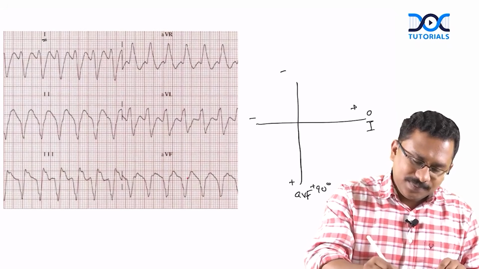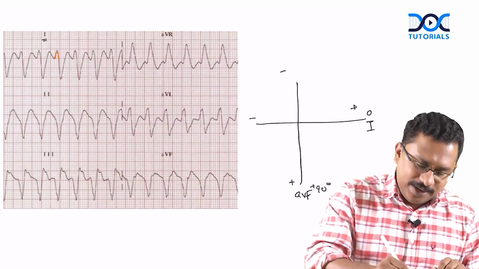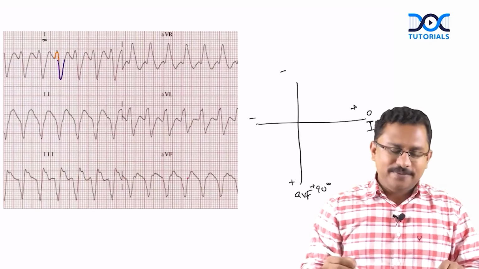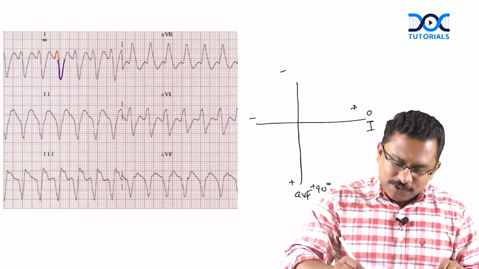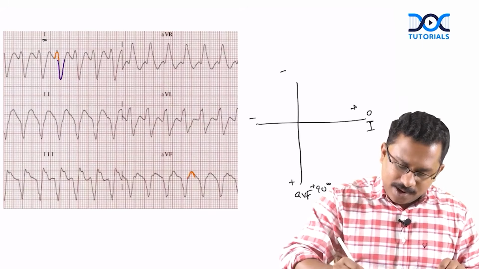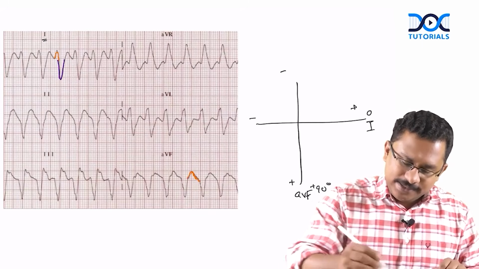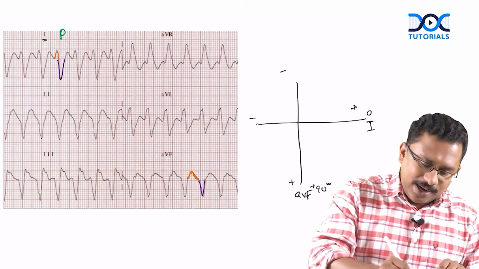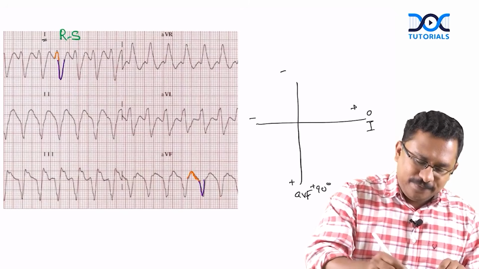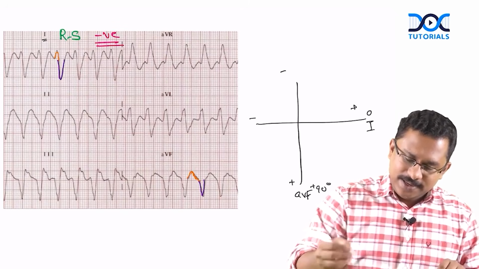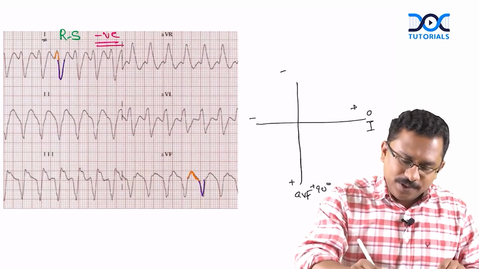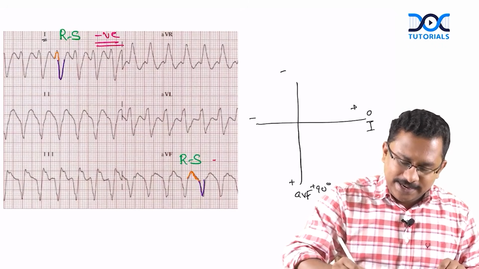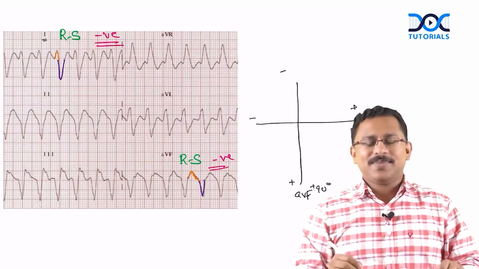This is the R wave and this is the S wave. In AVF also, you can see this is the R wave and this one is the S wave. So in lead 1, R minus S is definitely a negative deflection. In lead AVF also, R minus S is again definitely a negative deflection.